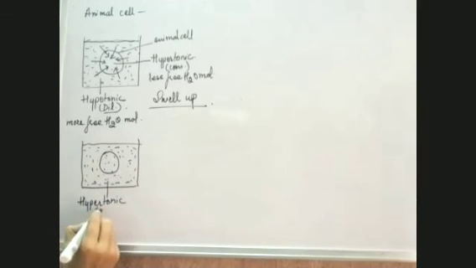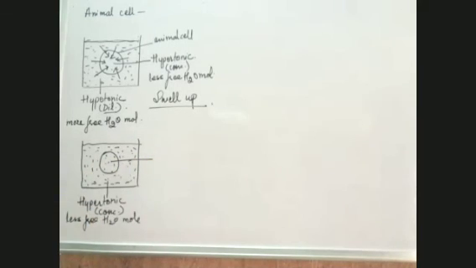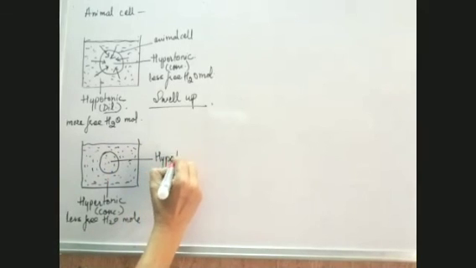That means it is concentrated, and when it is concentrated, fewer free water molecules are there. And this solution, which is inside the intracellular fluid of the animal cell, is hypotonic in comparison to the outside fluid, because we have made the outside hypertonic.